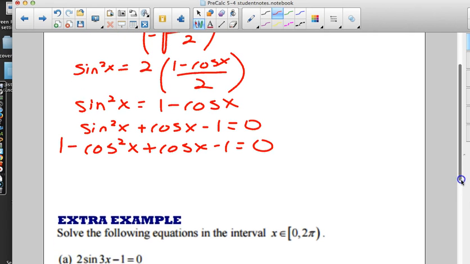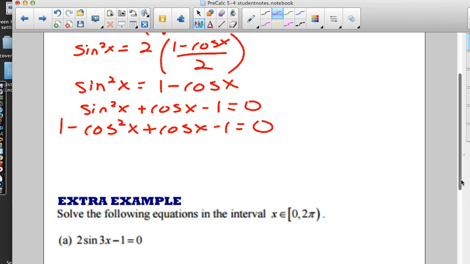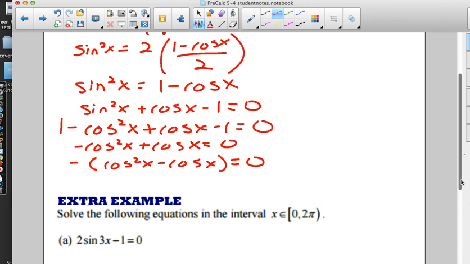Now let's see. Well, we got a 1 minus 1, so the 1's are gone. We get a cosine squared x plus cosine x equals 0. In algebra, we learned we don't like a negative in front, so we could pull that negative out in front. But there's more we could pull out, right? Let's take a cosine out there. Let's do it. I want my parentheses to look like the C's.